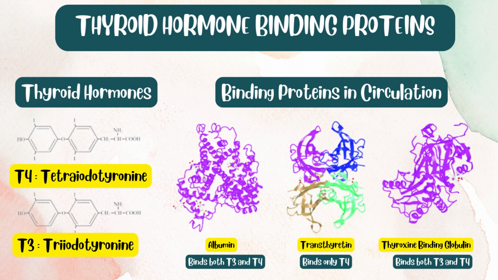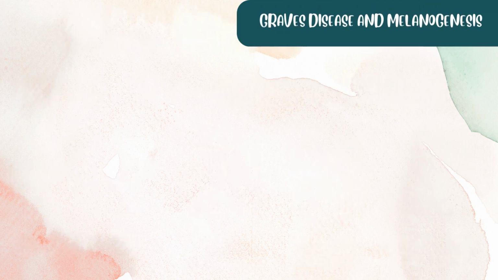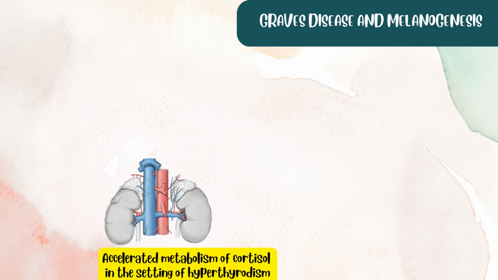Now we will review some essential clinical pearls. What is the mechanism underlying cutaneous hyperpigmentation in Graves' disease? Hyperthyroxinemia, which refers to excess circulating thyroid hormone, leads to accelerated metabolism of cortisol.